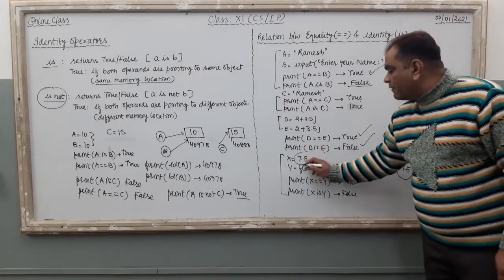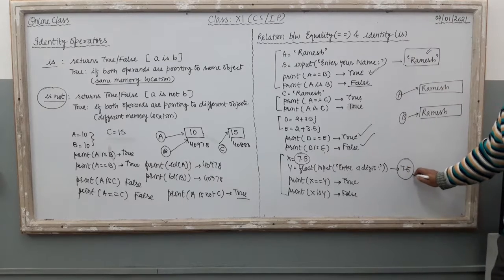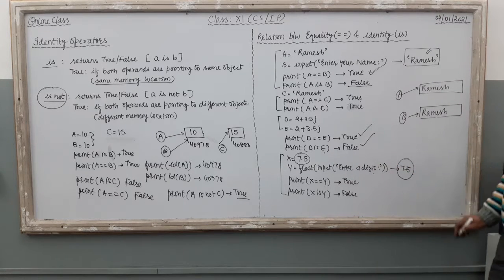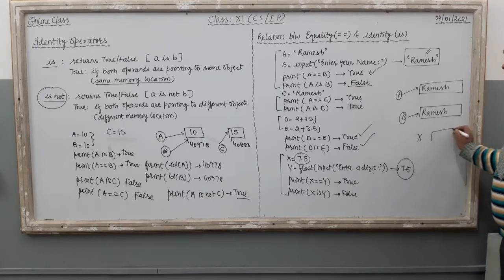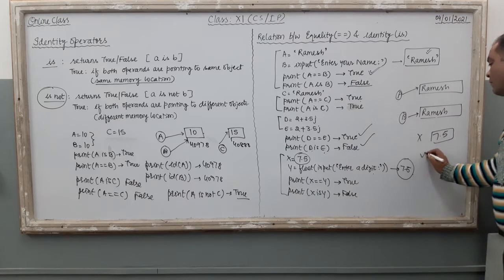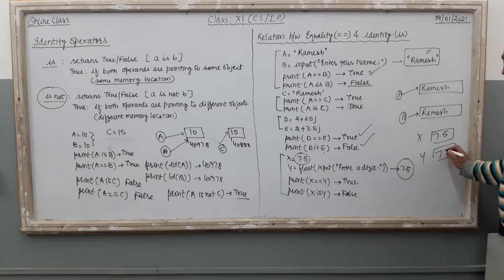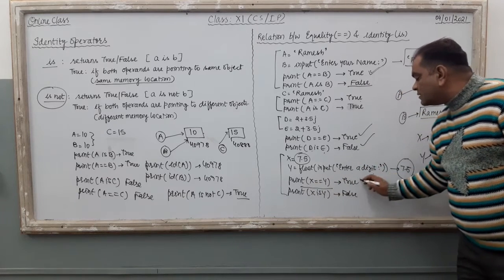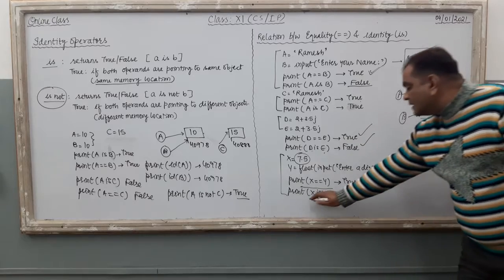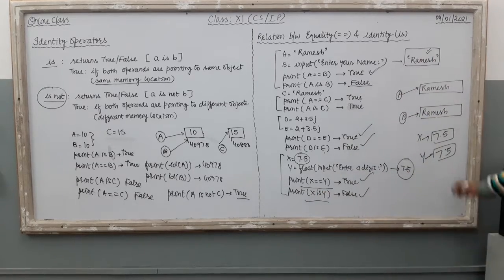Here also 7.5, here also 7.5. But in these two different conditions, x is created at a different memory location, and y is again created at a different memory location. So the equal-to result is true over here. The is result is false over here because both values are at different memory locations.